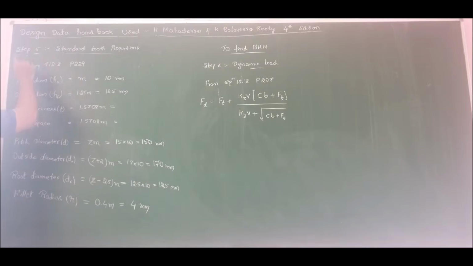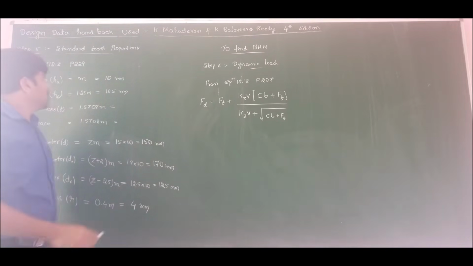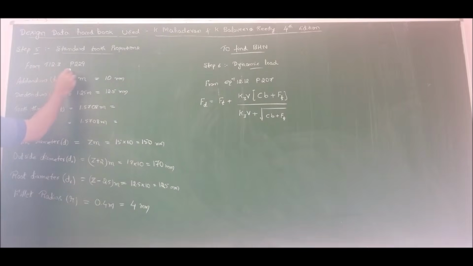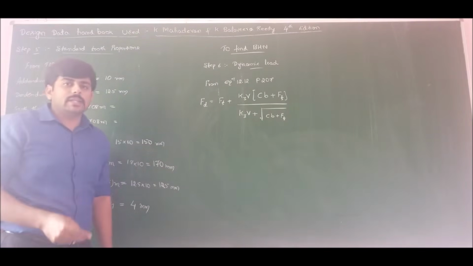Now, moving on to our step 5, that is to find the standard tooth proportions. From table 12.3, page number 229, we have the formulas for various tooth proportions. All the formulas are mentioned in terms of module. Already we have adopted the module for this problem as 10 millimeters.